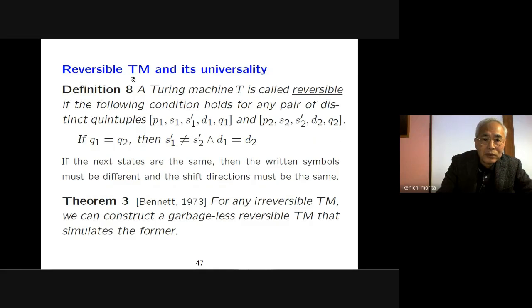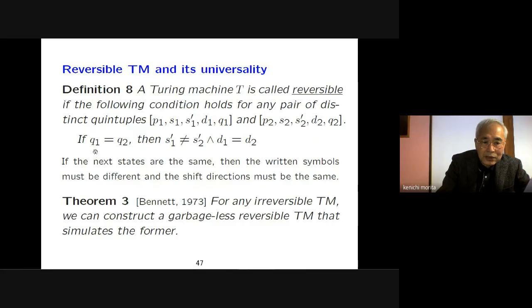A reversible Turing machine is defined as follows. A Turing machine T is called reversible if the following conditions hold for any pair of distinct quintuples, this one and this one.